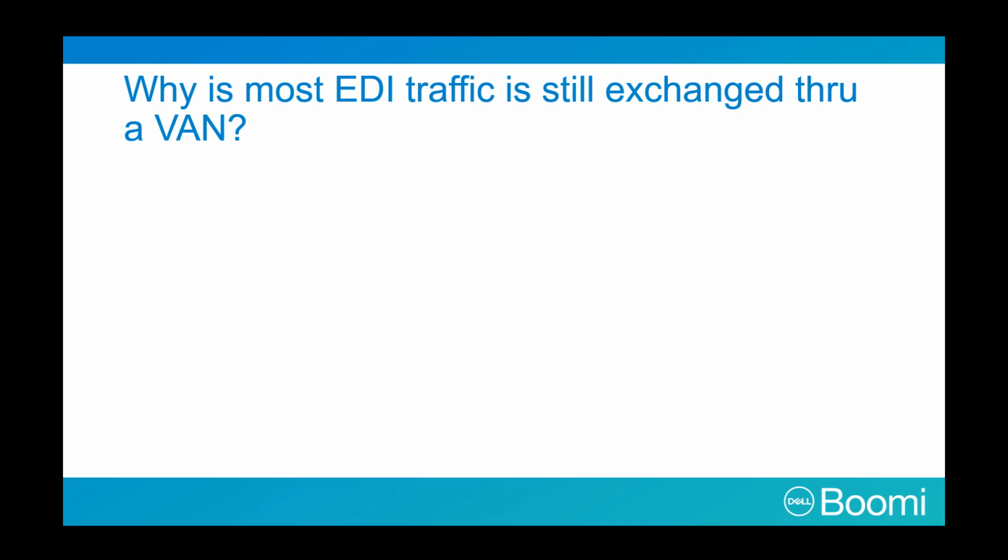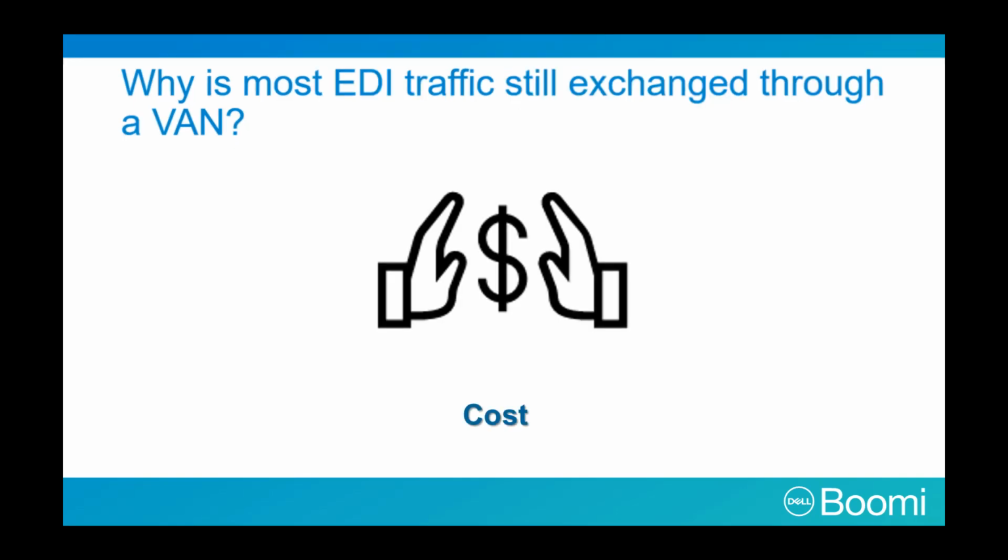So, why is most EDI traffic still exchanged through a VAN? Well, VANs offer a simple, cost-effective solution to connect with the trading partners who support multiple connectivity protocols. It's easy to exchange data with a VAN because the VAN makes the unique connection requirements to your trading partner invisible to you.